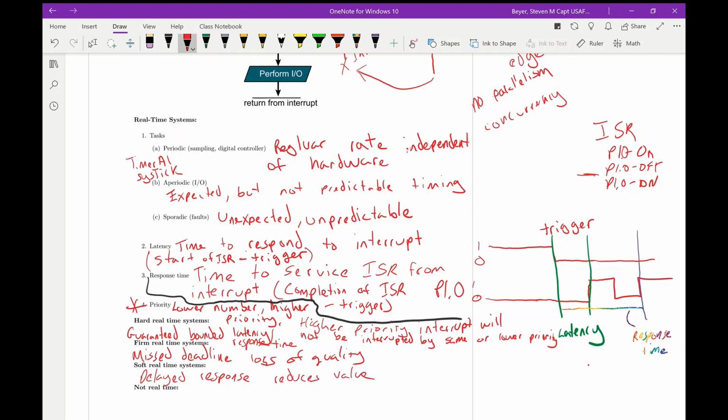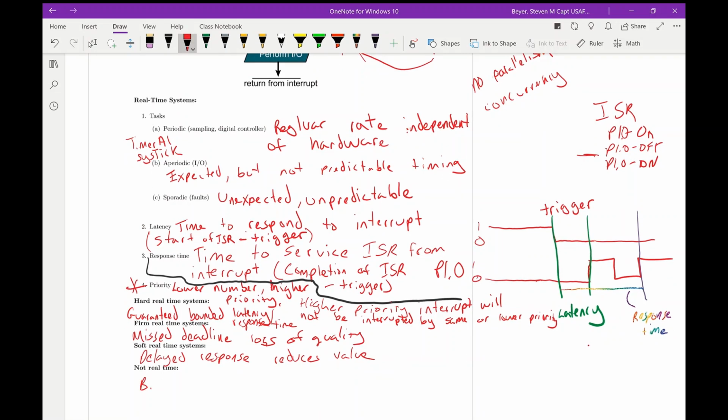So this, over time, just becomes less and less meaningful. And not real time is best effort, but no real deadlines. All right, pretty straightforward. Hopefully that part's a little bit of a review.